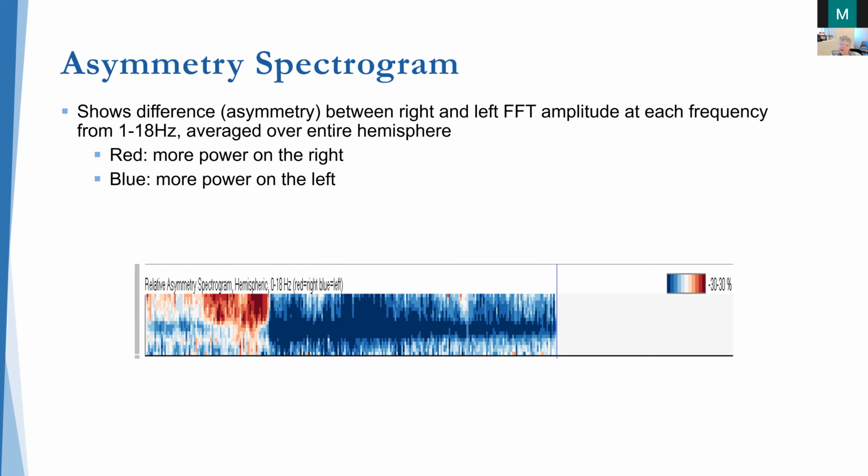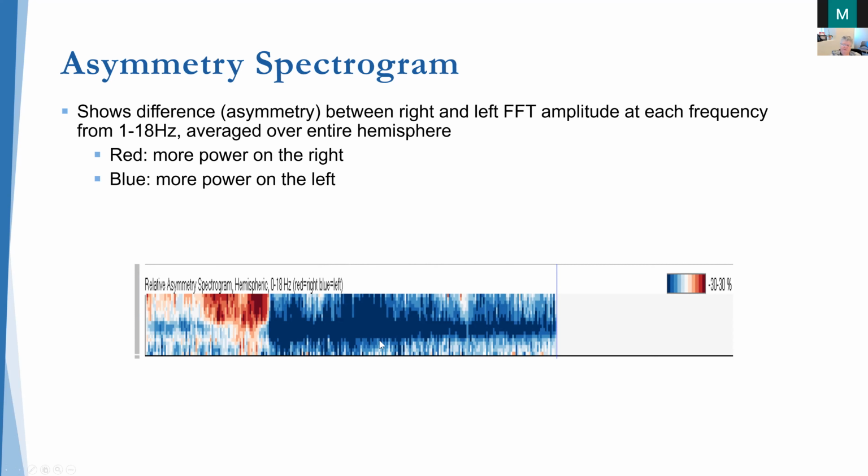If there's more power in the right hemisphere, then this trend shows red. And the redder it is, the more asymmetry there is. If there's more power over the left hemisphere, then this trend will be blue. The more asymmetry there is, the more blue it will be.